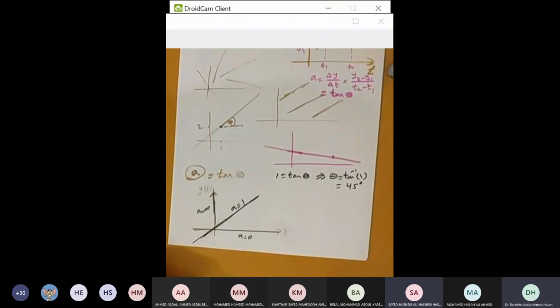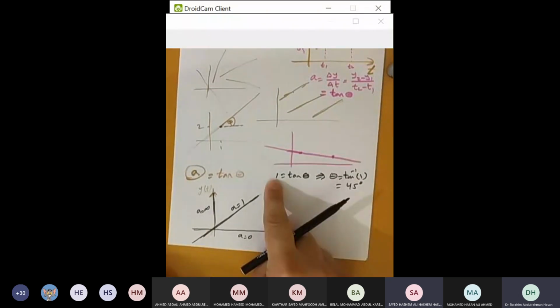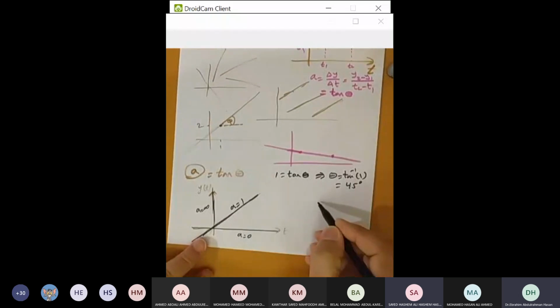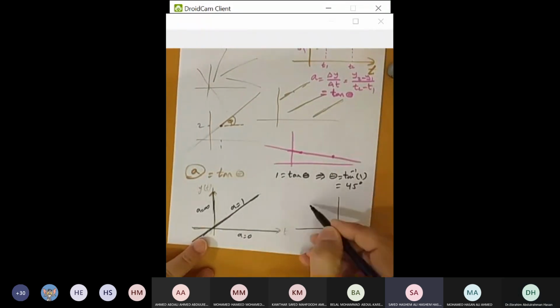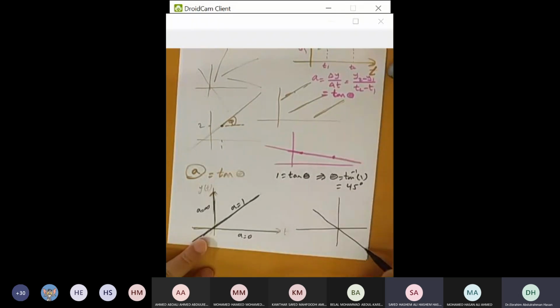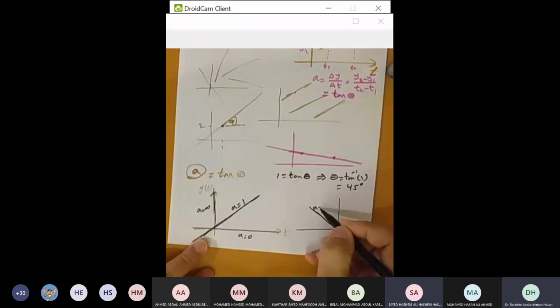Similarly, if we have a slope equal to -1, then I will get this line, -45. So a equal to -1.